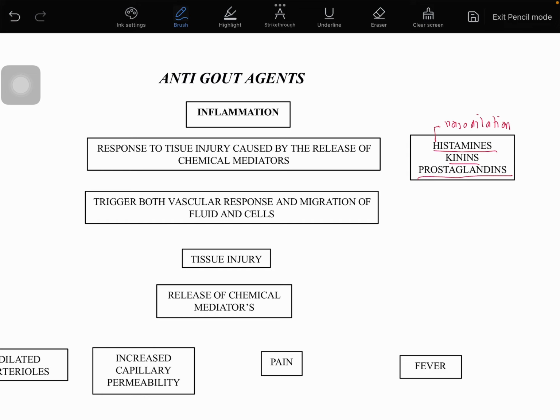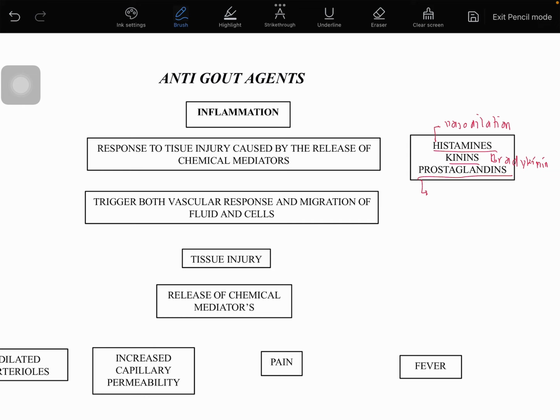And aside from that, we also have your kinin. An example of your kinin is bradykinin. Bradykinin increases your capillary permeability, and it also increases our sensation of pain. That is what our kinin does. And lastly, we have your prostaglandin. Your prostaglandin also causes vasodilation, relaxation of smooth muscle, and increases capillary permeability. And of course, we already know from our discussion of NSAIDs that prostaglandin increases the sensitization of our body, or of our nerve cells, to pain.